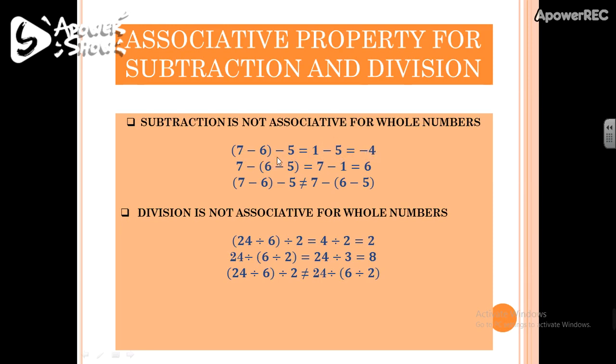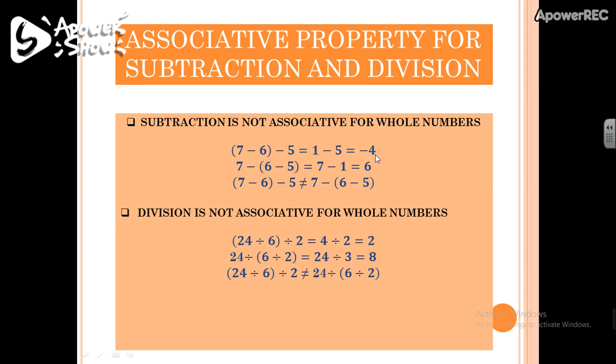Now do this calculation in another way. In another way means you have to subtract 5 from 6 before. So 6 minus 5 equals 1, and now subtract 1 from 7. So 7 minus 1 equals 6. So we have done this calculation in 2 ways, and in both the ways we are getting different answers.